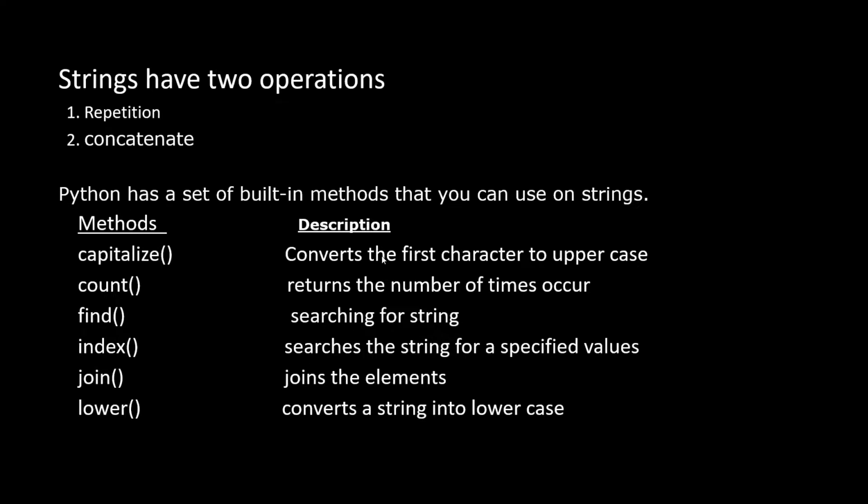Some of the methods are capitalize, which means the first letter will be uppercase, and count, find, index, join, lower. These are basic methods on strings that we can use to perform different operations.